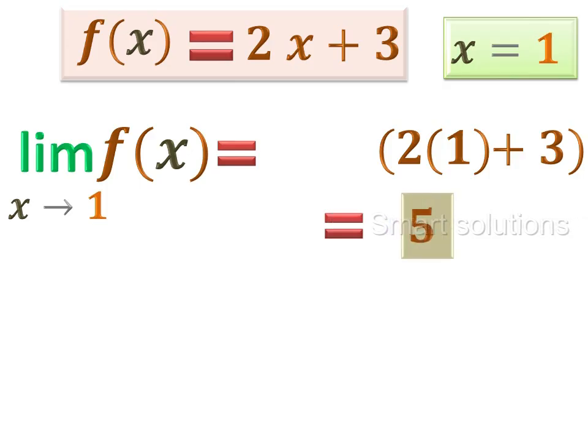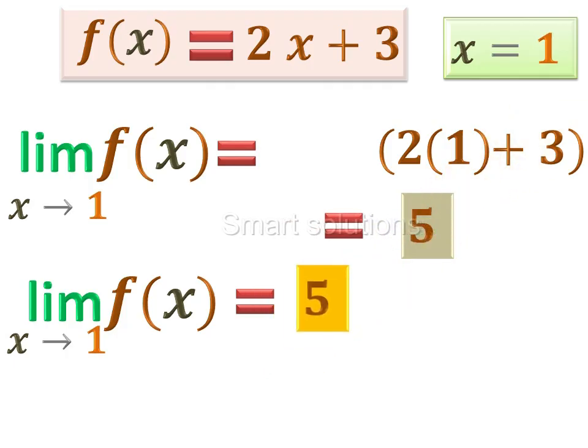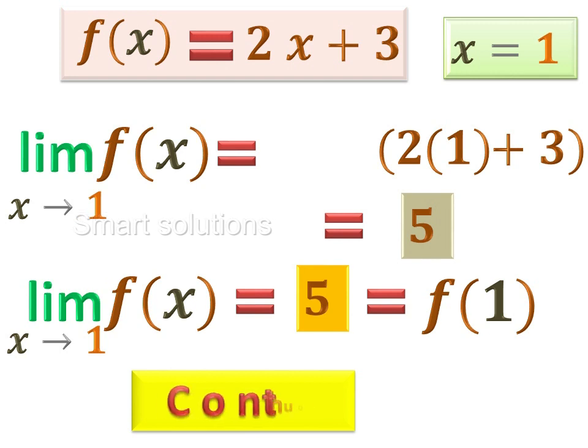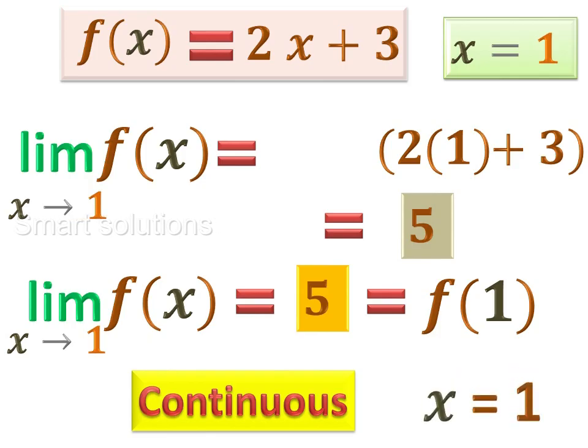The value of the function at x is equal to 1 is equal to the limit of the function at x is equal to 1. So, this function is continuous at the point x is equal to 1.